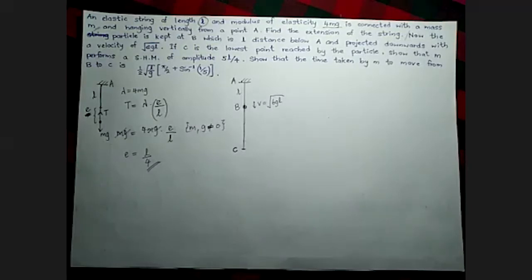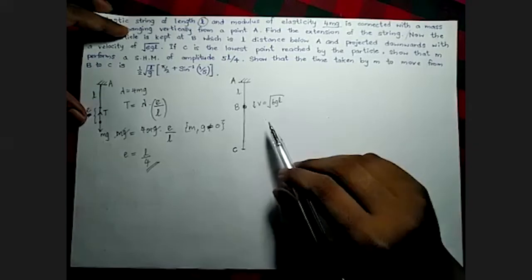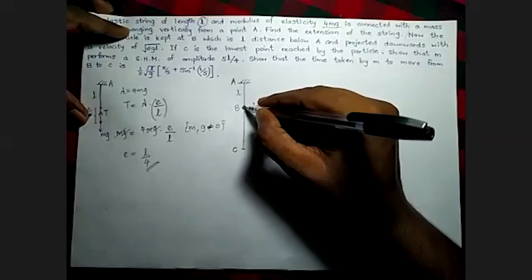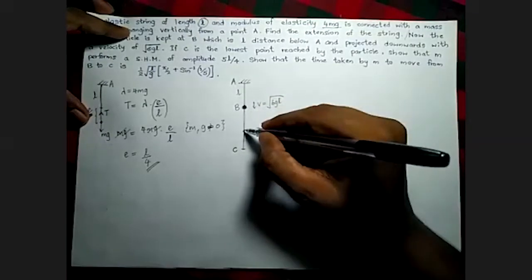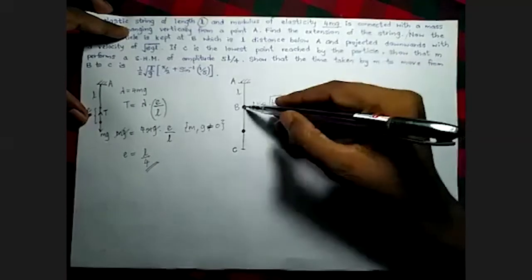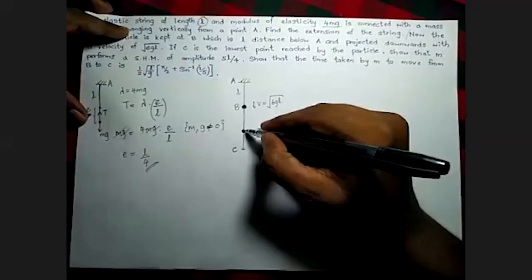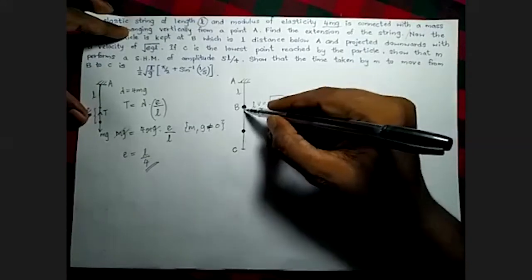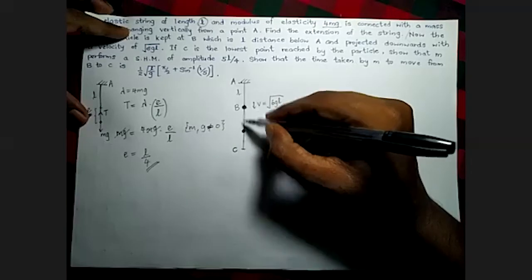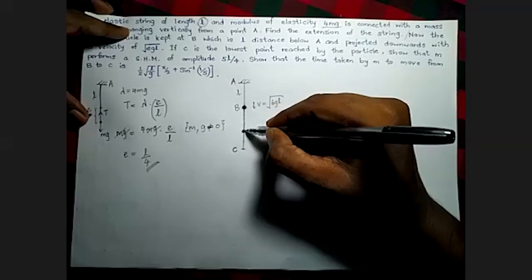For that, this is the starting point of our motion. We have to consider the general location of this motion. Now this is going to perform a simple harmonic motion. We have to prove that. Therefore, I have to consider the particle at a general point somewhere here.